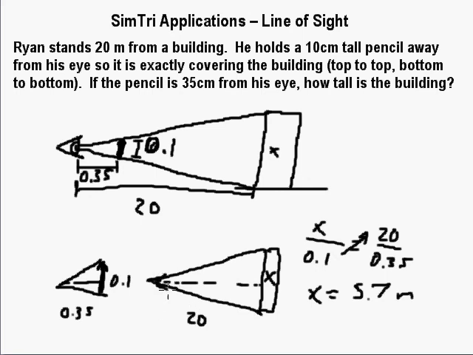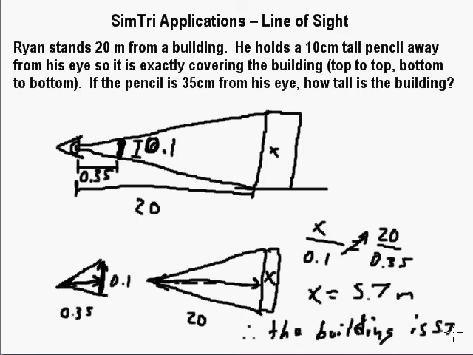So you are using this measurement right down the middle here. But it's still going to work for similar triangles because the ratios still hold. So therefore, the building is 5.7 meters.